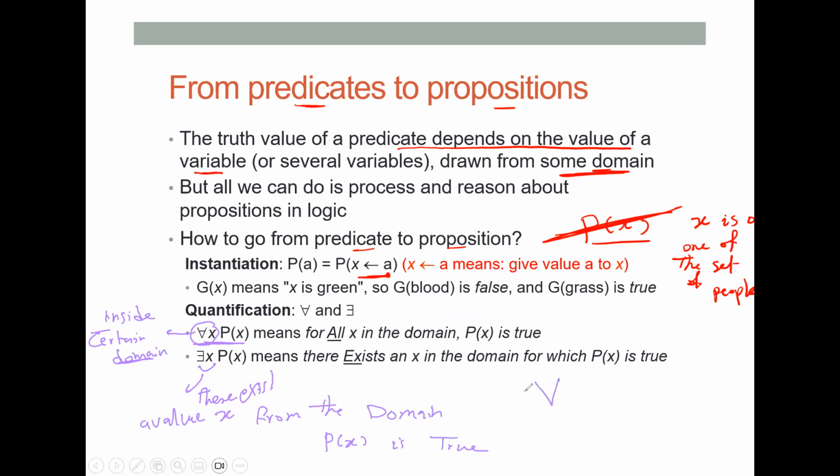So this one means for all values, and the condition should hold over all the elements inside the domain, while this one means there exists at least one value that satisfies the condition P of X. Okay, great.